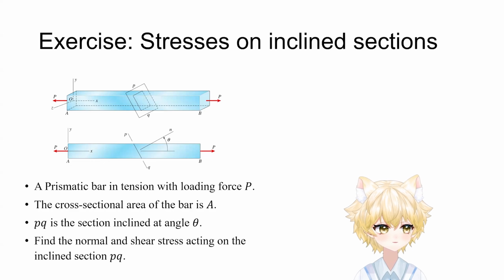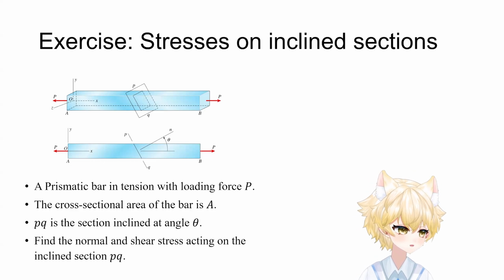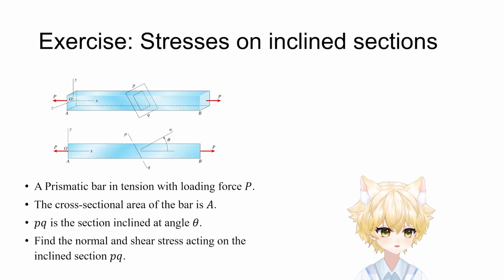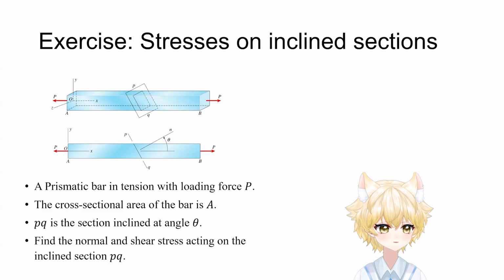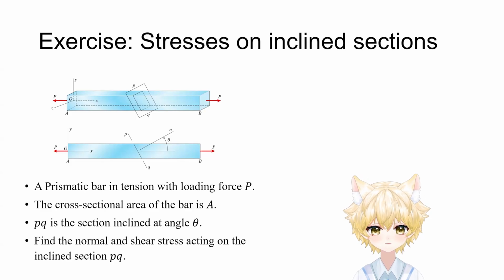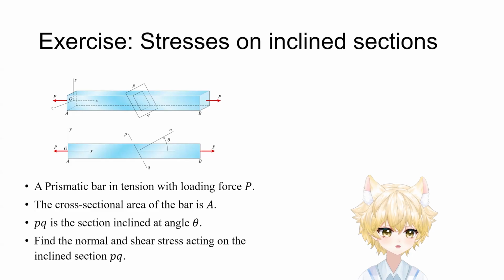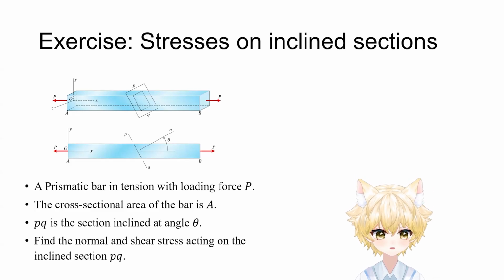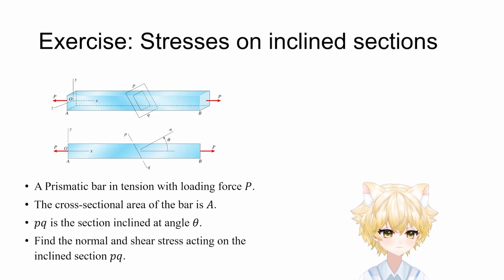I will give you 4 or 5 minutes to finish this exercise. Please pause here, and I will continue to the next slides, the answer. But make sure you finish this exercise on your own, and then go to the answer and solve this question together with me, so that you can have a better understanding of this kind of problem.